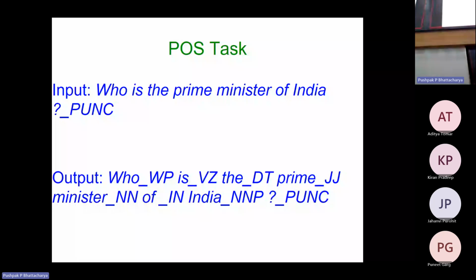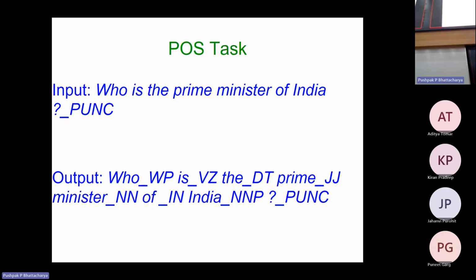The is a determiner, DET. Prime is an adjective, JJ. Minister is a noun, NN. Of is a preposition, IN. India is a proper noun, NNP. And question mark is PUNC, which means punctuation. So this is the part-of-speech tag sequence which needs to be produced given the raw sequence of words.